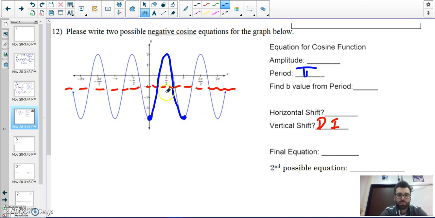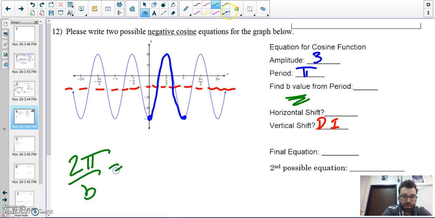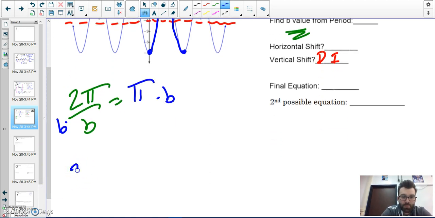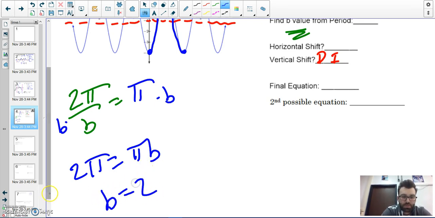My amplitude, with my midline at -1, that I discussed earlier, was 3. To find my b value, 2 pi over b gives me my period. My period is pi. Some of us may be able to do this in our head, that's fine. Multiply both sides by b: 2 pi equals pi b. Divide by pi. B equals 2.